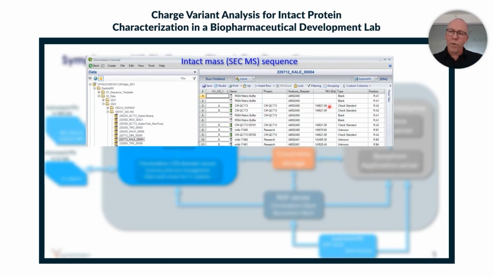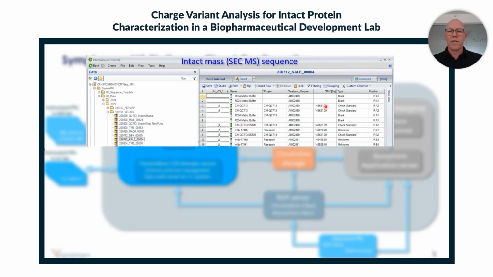But we also have a very important functional metadata, and in this case, it's the theoretical mass of the antibody that we're analyzing. So, for instance, when we do lead selection studies, we'll analyze 400 or 4 times 96 samples typically. And then we need to see, do we observe the theoretical mass?